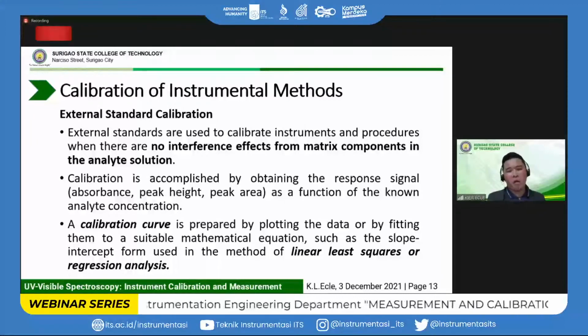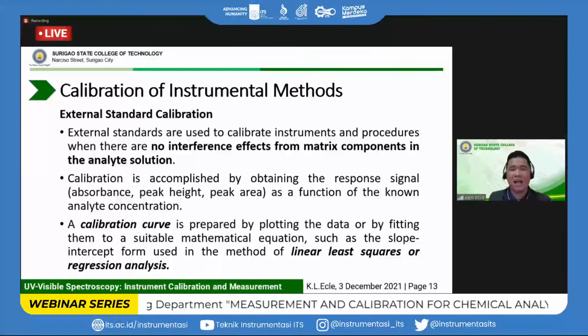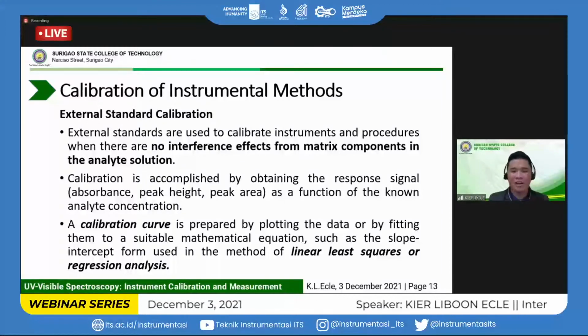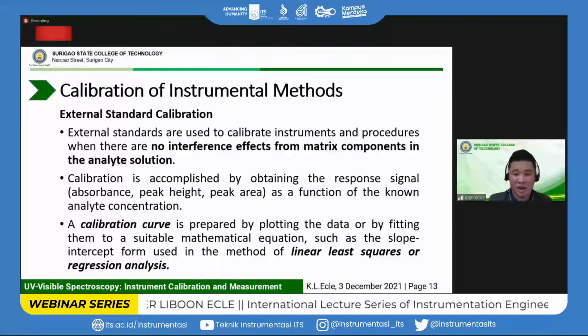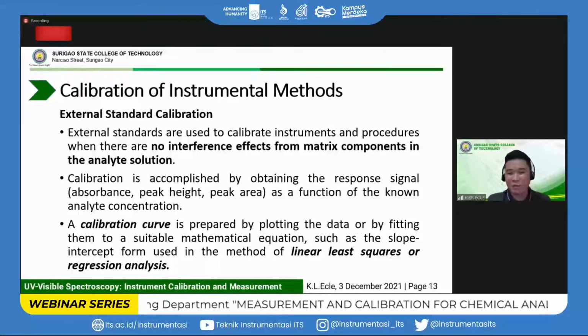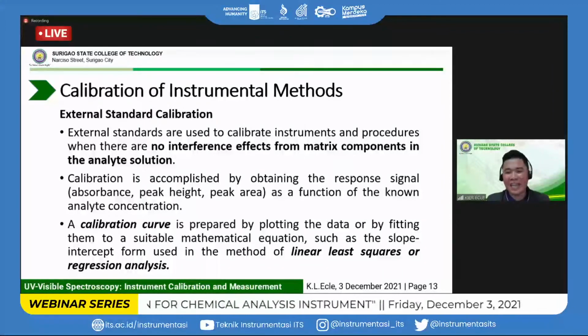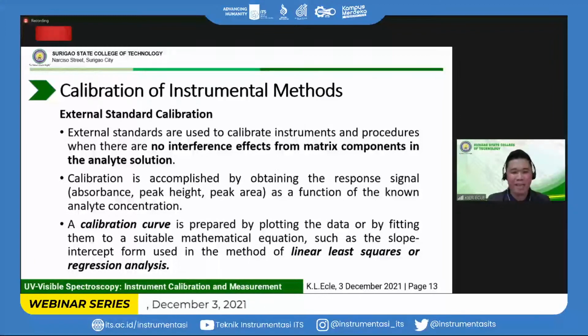What we are going to do here is plot the data that you gather, and generate a calibration curve using linear least squares methods or regression analysis. This would give us the data on whether this particular instrument is well calibrated or not.